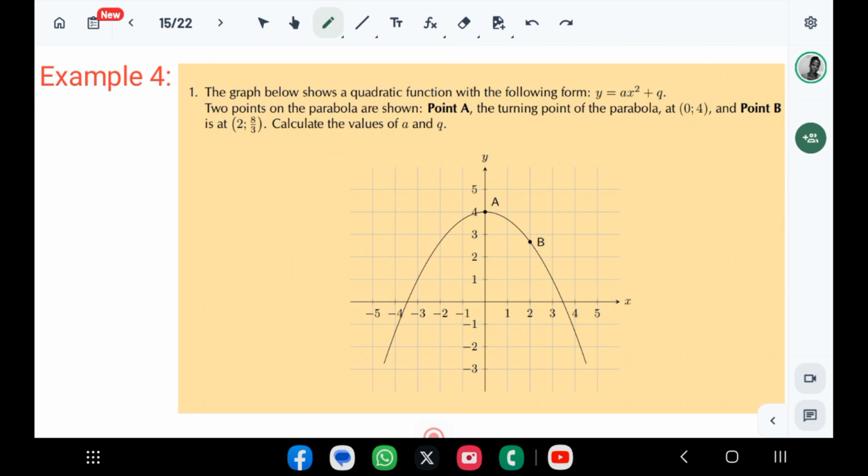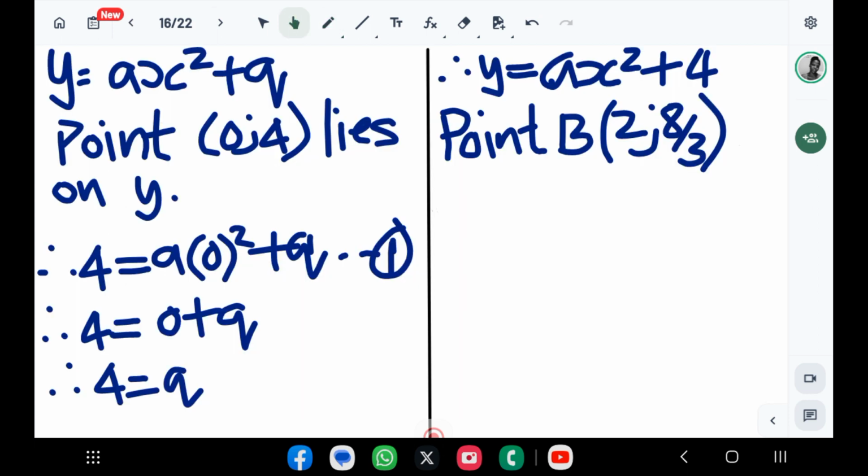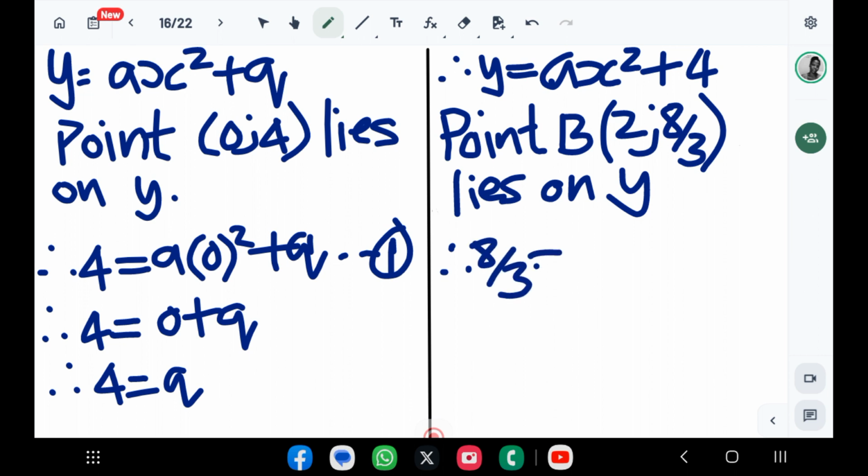Let's just confirm that. Yes, it's (2, 8/3). It also lies on y. Therefore, let's substitute the point: 8/3 equals a(2)² plus 4, because we already know what q is, so we write the equation with the complete q given to us.